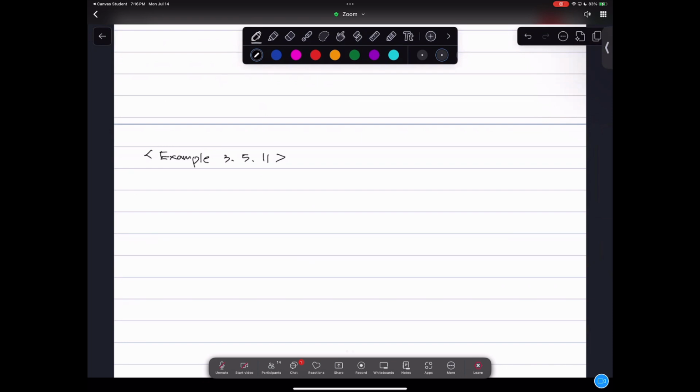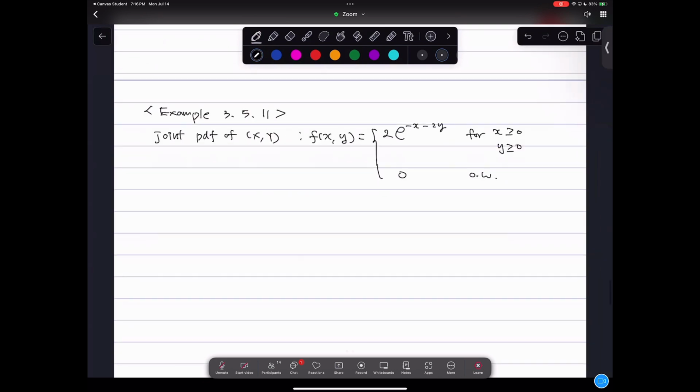They're giving you the joint PDF of X and Y as this: f of x, y equals 2 times e to the power of negative x minus 2y, for x greater than 0, y greater than 0, and 0 otherwise. Are X and Y independent?